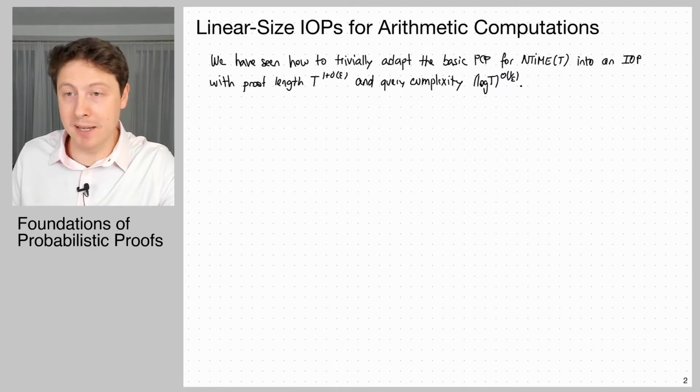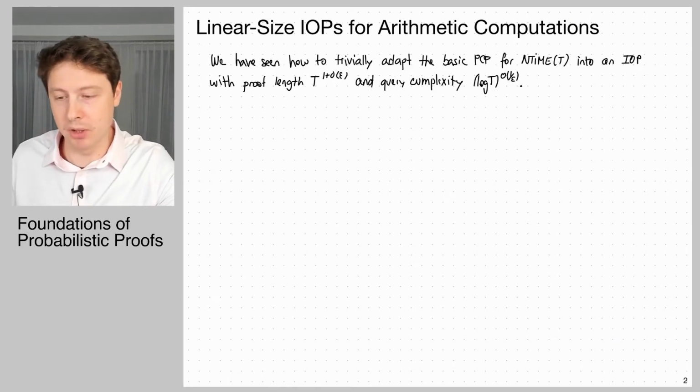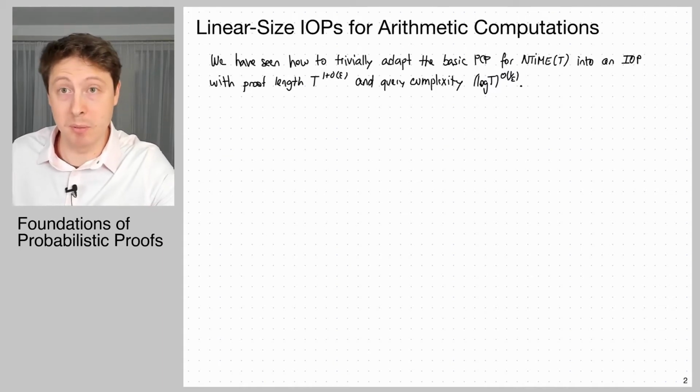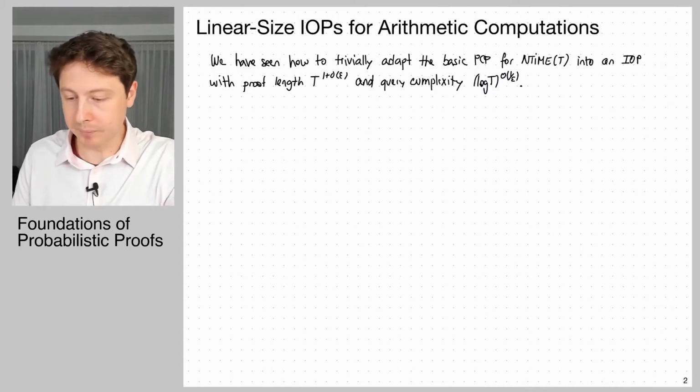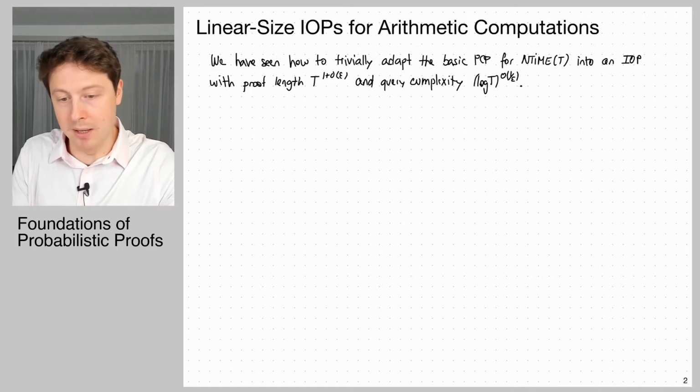And we also went back to the PCP for NTIME, and we saw with basically almost no work, just by not unrolling the sum checks in the construction, we obtain a much more efficient proof system. In particular, we saw how to achieve these asymptotics.